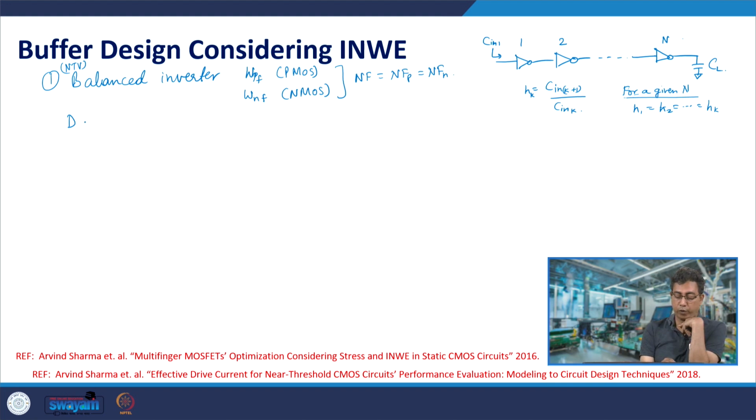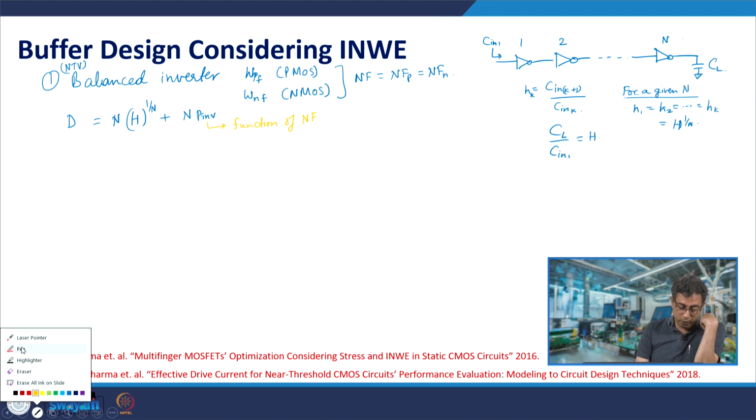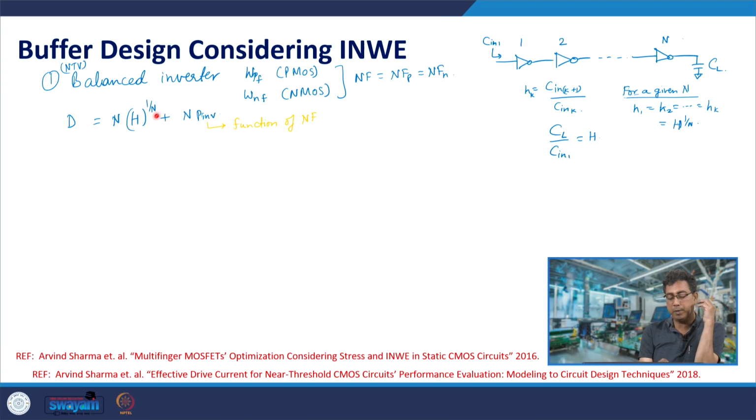Therefore, we could write this delay as H to the power 1 by n into n plus n into p inverter. Now, we know that this p inverter is a function of number of fingers, that we will take into consideration later. For a given number of stages, this relation is valid. So, this will minimize the delay when you have the electrical effort of each stage to be capital H to the power 1 by n.